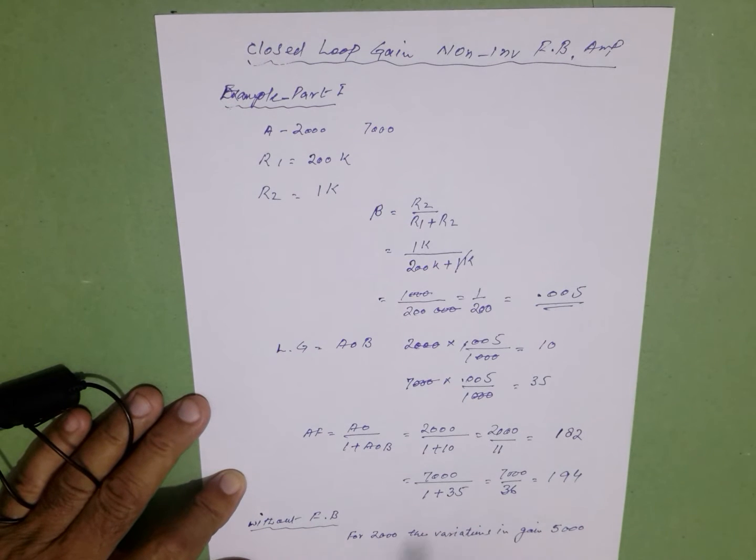We have written 5000 here. For 1, the variation in gain is 5000 over 2000.